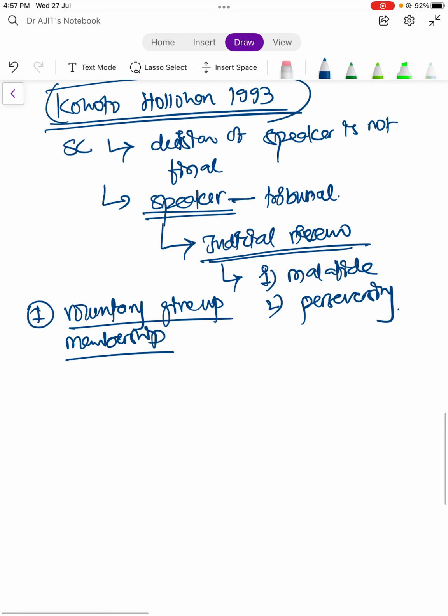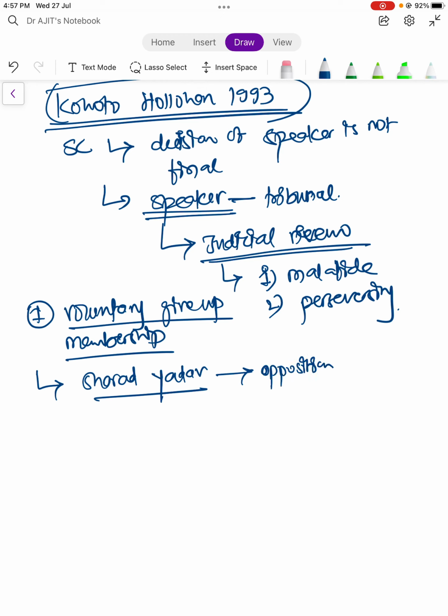But here you need to be very careful. There was one famous case of Sharad Yadav. After getting elected, he used to attend rallies of the opposition. He used to sit with the opposition, like he was against the government when he was inside the government.